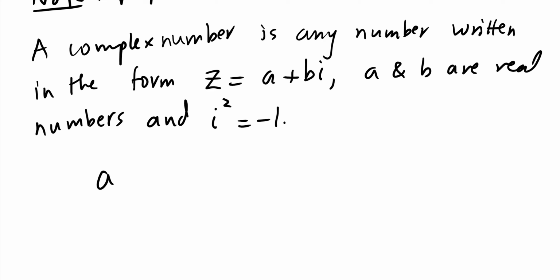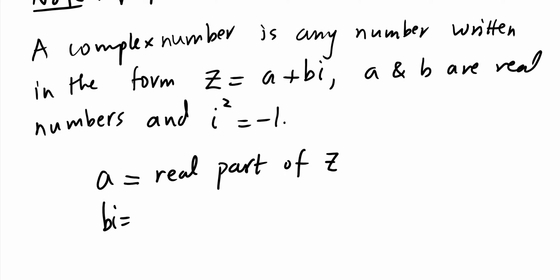Note that a, specifically, is called the real part of z. bi is the imaginary part of z.